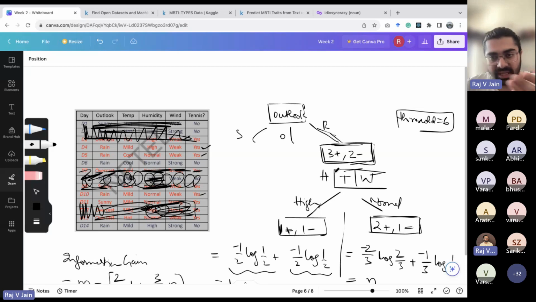I will not go ahead and check humidity, temperature, wind at all for this rain node. Why? Because the number of examples in this rain node is only 5: 3 positives, 2 negatives. Total 5 examples only. Because I kept the threshold as 6, I will not continue. Okay, that means the data set is too few for this particular attribute, so you are not going further. Correct, exactly. That's the thought process.